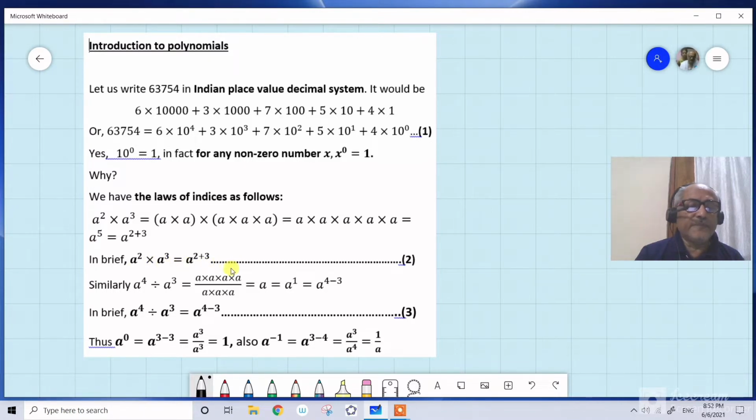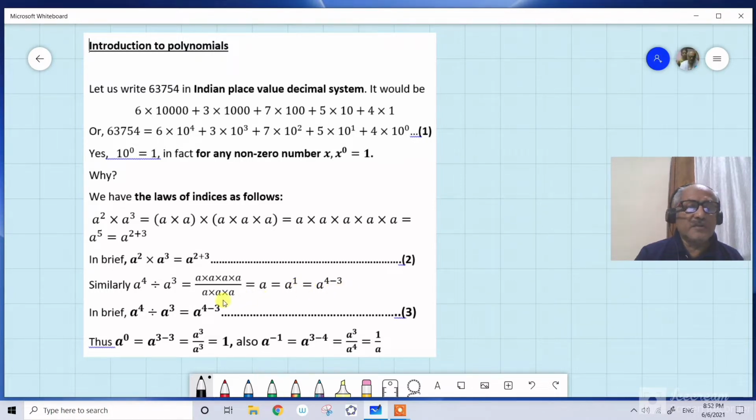So a to the power 2 into a to the power 3, you can write as a to the power 2 plus 3. Similarly, when you divide, suppose a to the power 4 divided by a to the power 3, there are 4 a's in the numerator and 3 a's in the denominator. That is equal to a, that is a to the power 1, that means only 1 a, and that 1 can be written as 4 minus 3.